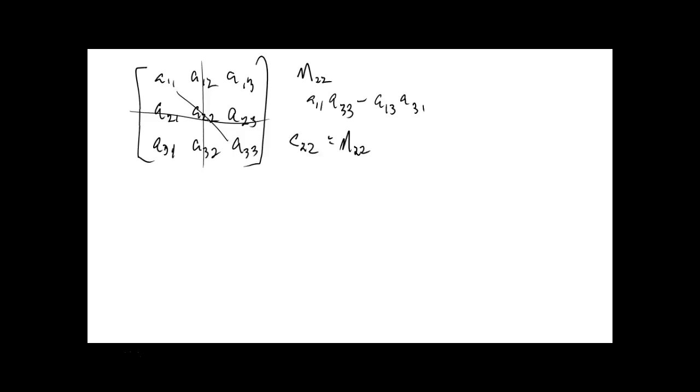So do I worry about raising minus 1 to the i plus j? No, I just look at it and say, that's a positive place. So in other words, your diagonals are always positive, right? Because 1 plus 1 is even, 2 plus 2 is even, 3 plus 3 is even. Those are always even. And then you can just do plus, minus, plus, minus.